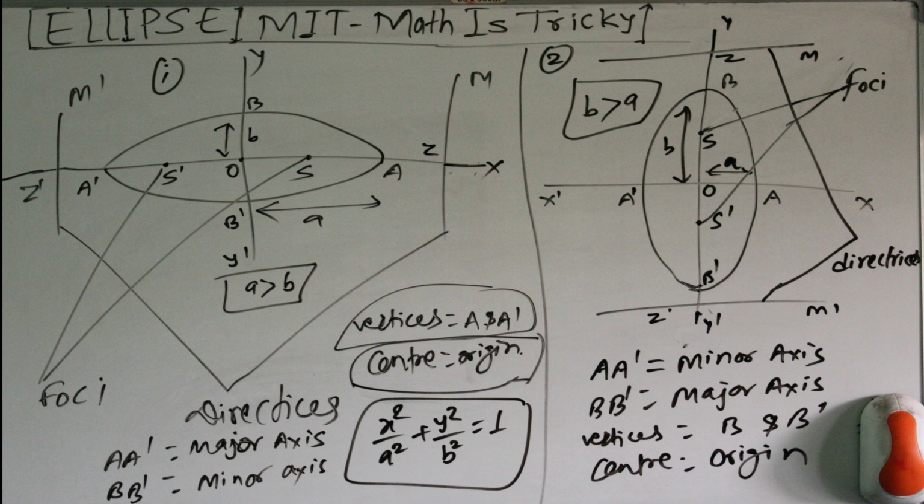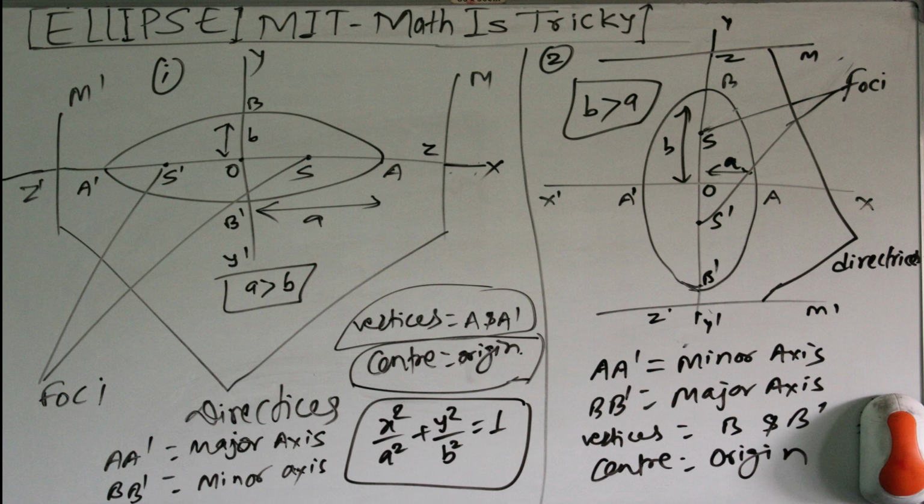Okay, it is also an oval shape. If b is greater than a, the ellipse will be vertical. Okay, so now let's try to understand some terms related to ellipse that will be used while solving the problems.